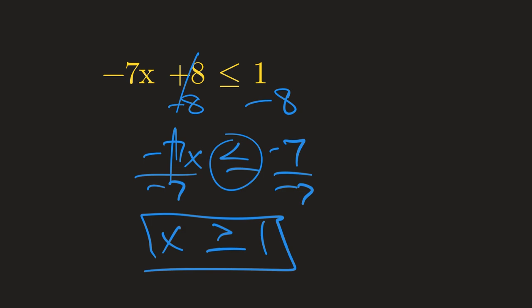If we do that, that inequality needs to flip. If we were going to graph this, open or closed? Closed. Which direction? To the right. If we were going to graph it. Okay?